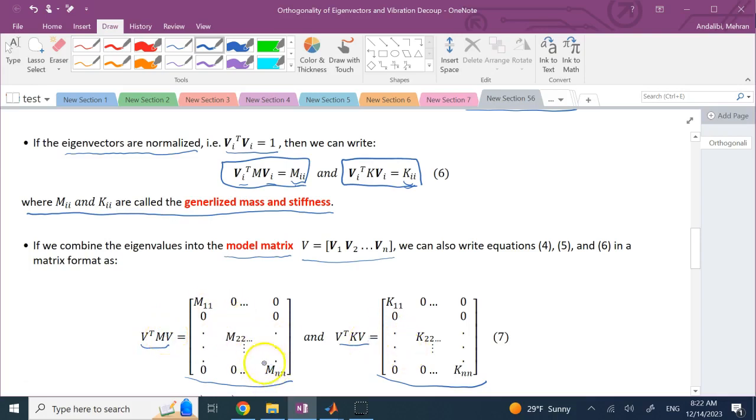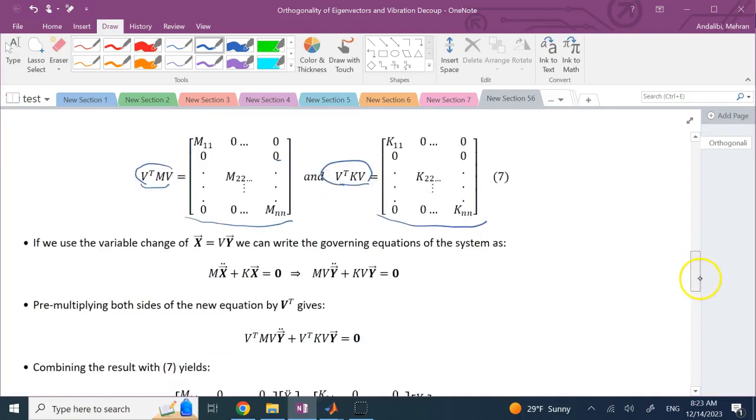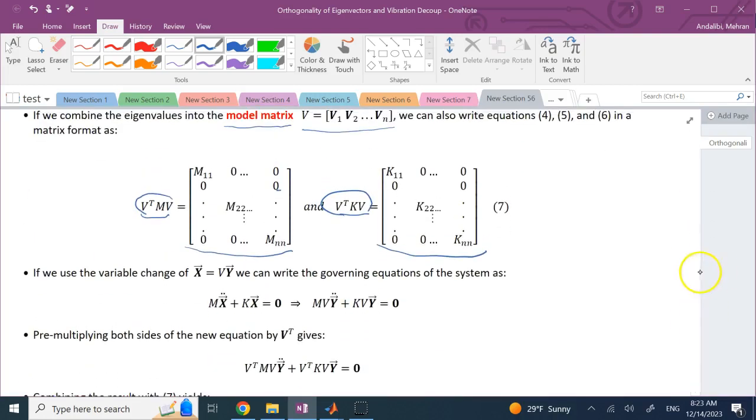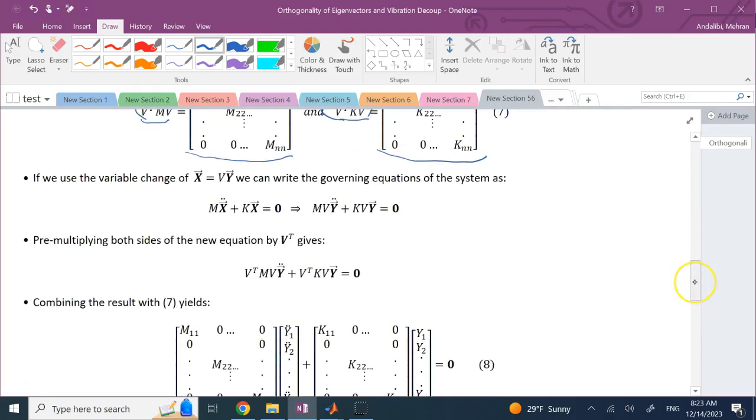In the previous video, I showed you that the M matrix was diagonal. That's not always the case. Most of the time it is, sometimes it might not be, and K is definitely not diagonal. They are both symmetric, but not always diagonal. But by pre and post multiplying by the modal matrix transpose and V itself, we can get them to be diagonal. And what's so good about diagonal? Let me show you. That's the decoupling.